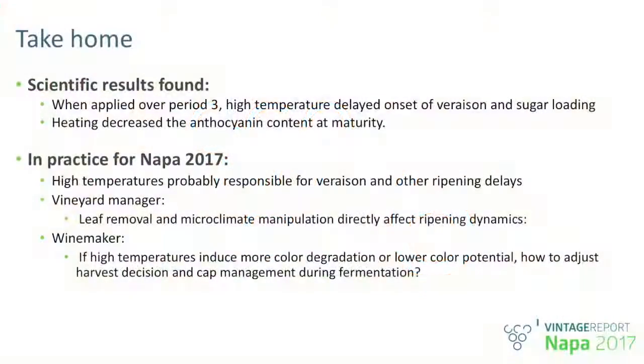The scientific results tell us that when applied over period 3, high temperature will delay the onset of veraison and sugar loading. We will discuss after Nicolas how heat during period 4 further disturbs the maturation kinetics. We also learned from this report that heating decreased the anthocyanin content at maturity.